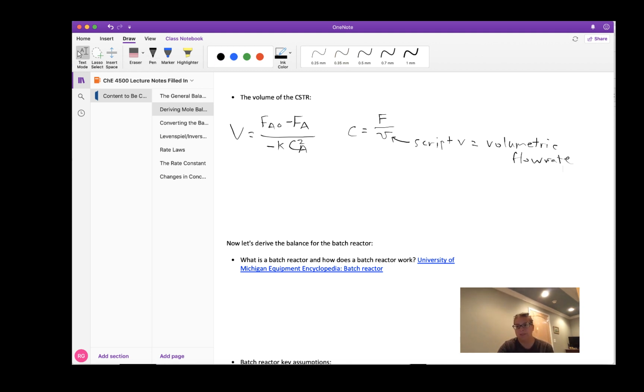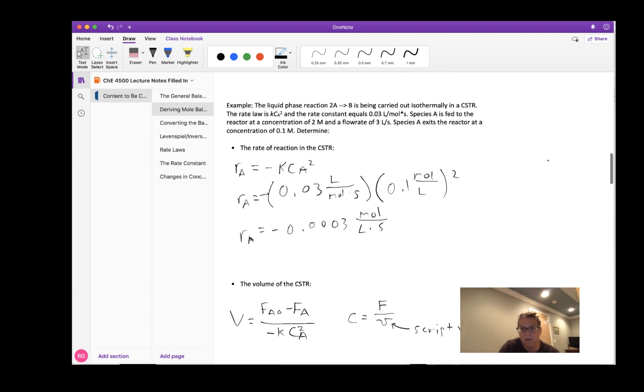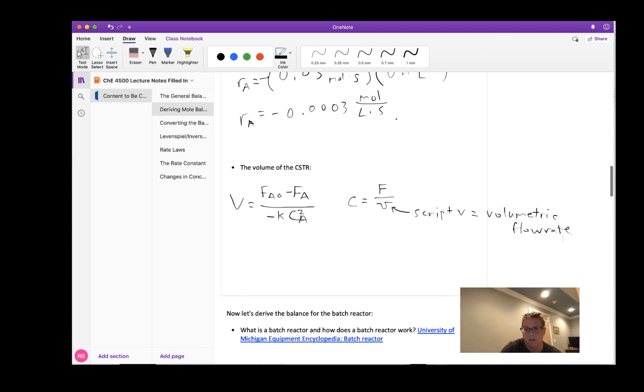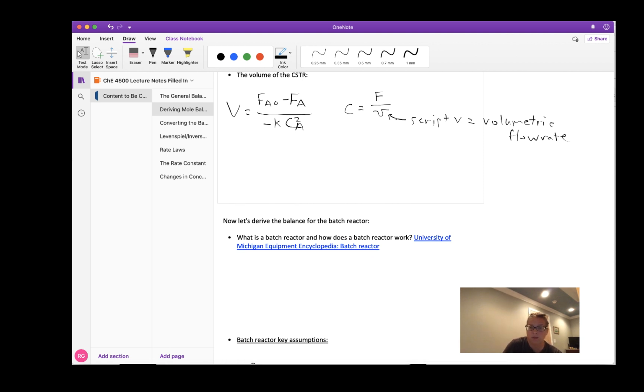And it just so happens that in the problem statement we are given this value, a flow rate of 3 liters per second. So that's the volumetric flow rate. We can fill that value in.